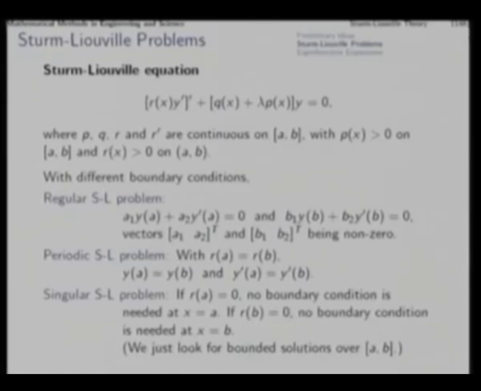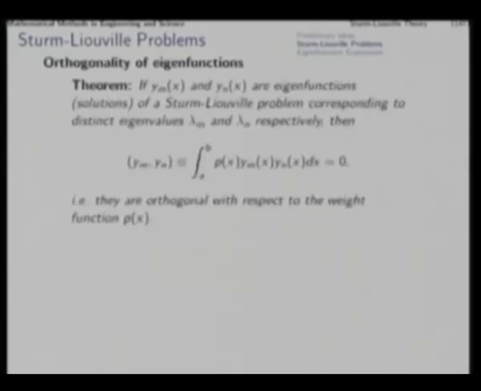The great property of the solutions of such a boundary value problem is orthogonality, and the way we have defined the problem itself, the proof of the theorem turns out to be quite straightforward.